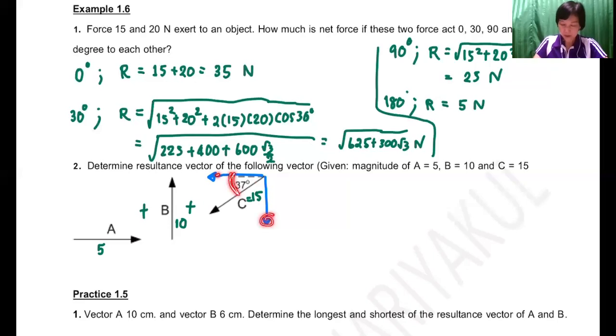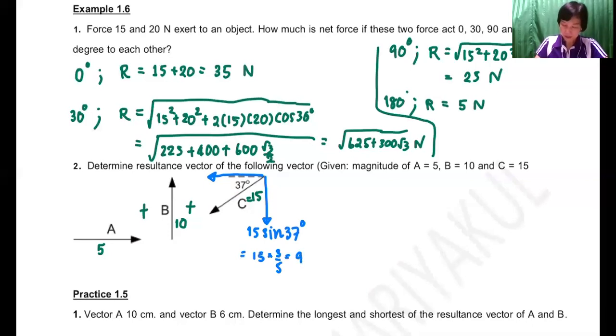The component away from the angle equals the original magnitude, 15, multiplied by sine of 37, and sine 37 is 3 over 5, so it is 9 units.